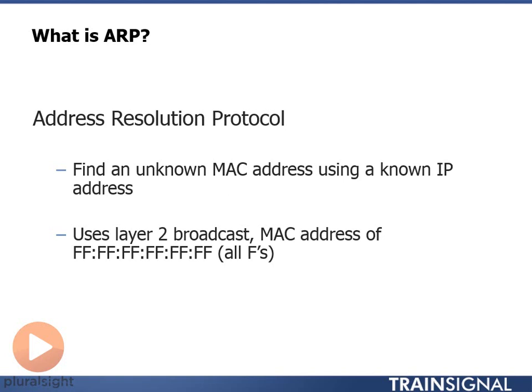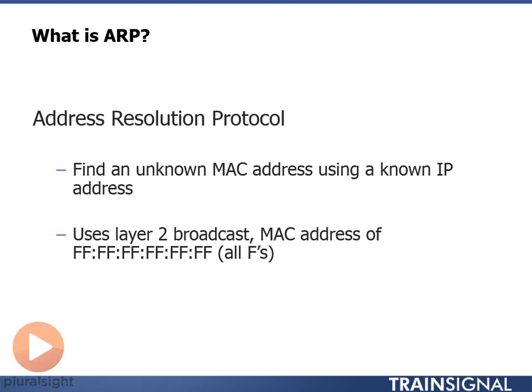And then up at the network layer, above the data link layer, we have to have a source and destination IP address. Now remember from the networking models video that each layer of the OSI model creates its own little datagram. At the transport layer, we have the segment, which gets encapsulated inside of a packet at the network layer, which gets encapsulated inside of a frame at the data link layer.